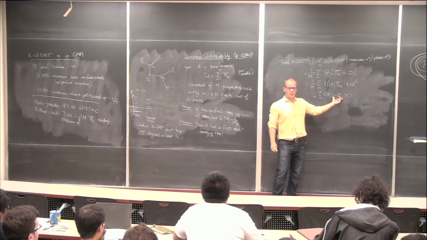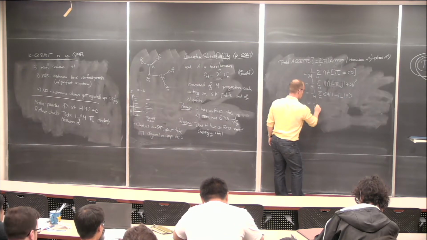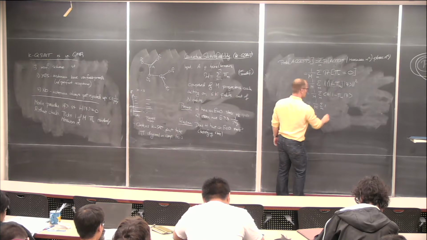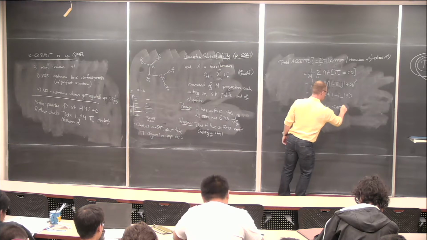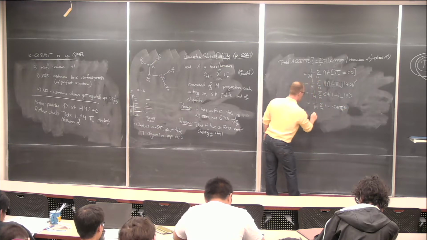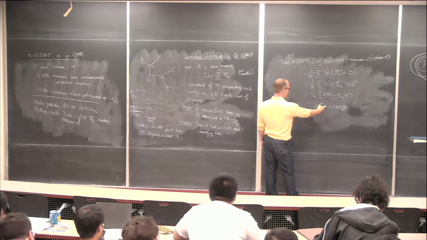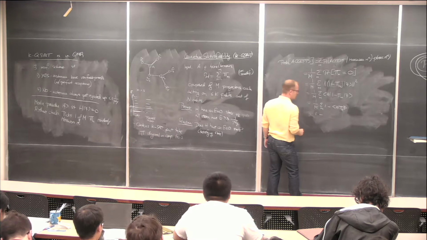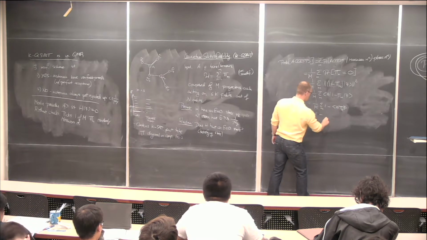Square of a projector is a projector. So 1 over m times the sum over m of 1 is shockingly 1, minus the sum over m of pi m, which is the Hamiltonian.